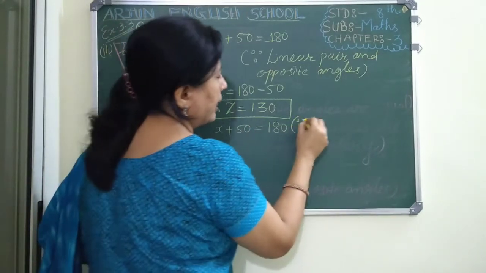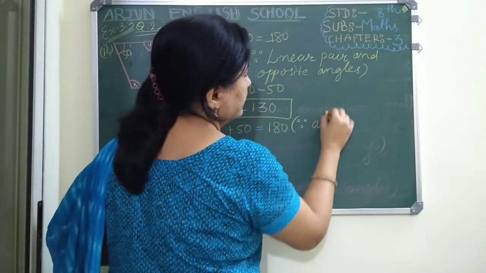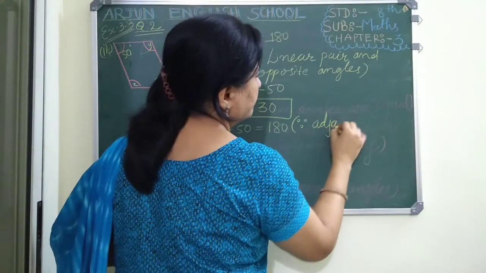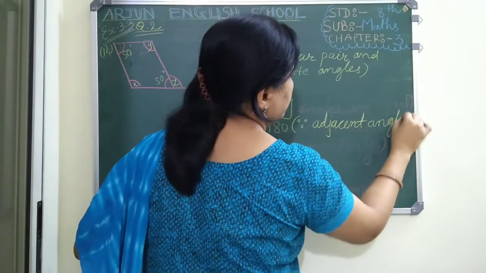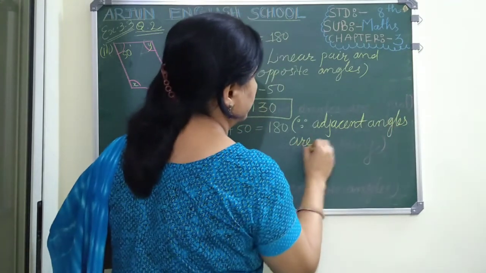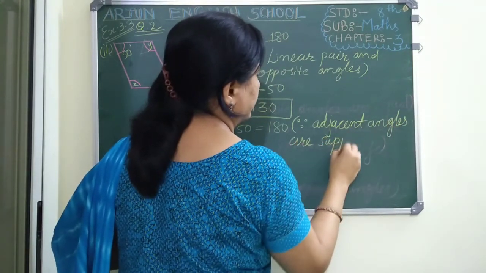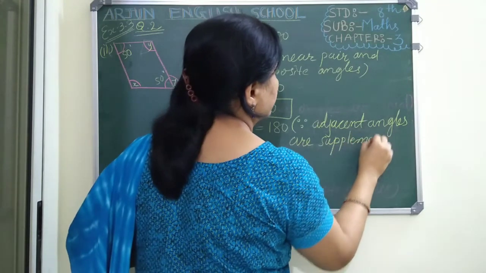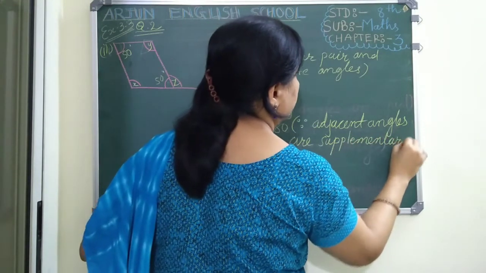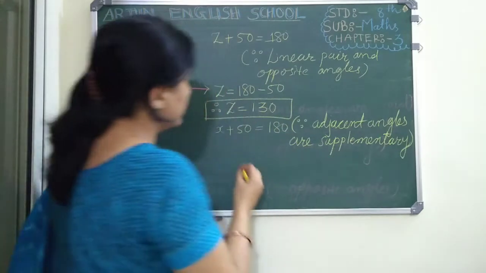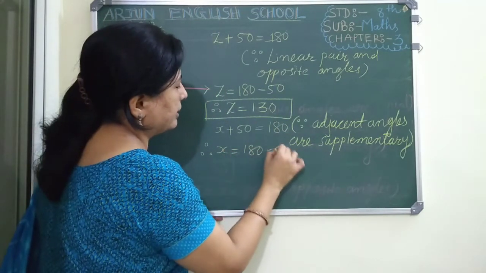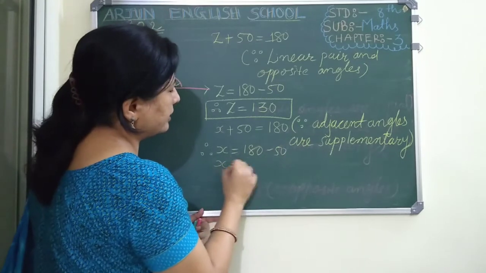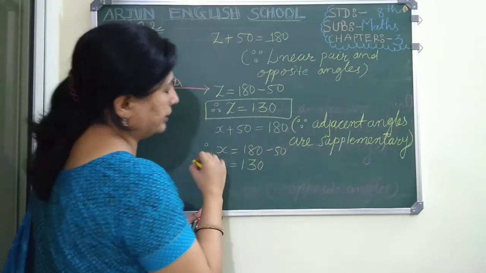In brackets I will write adjacent angles are supplementary. Now, therefore, X is equal to 180 minus 50. So, X is equal to 130.